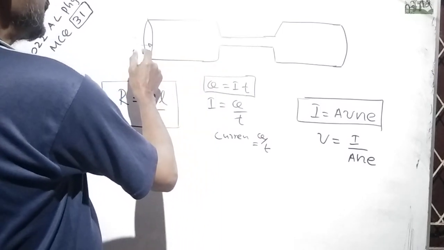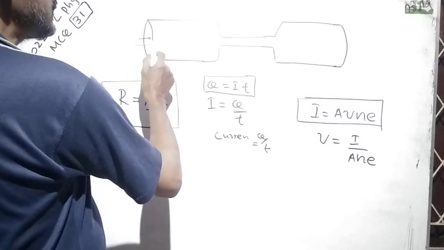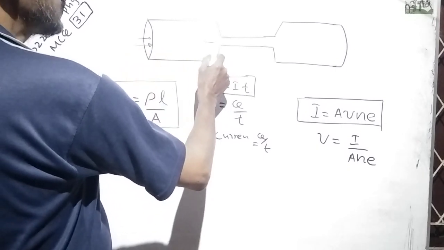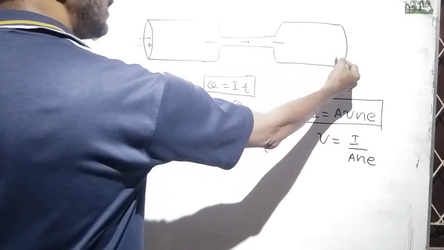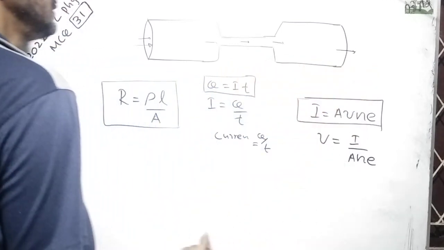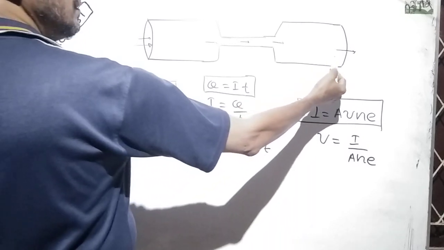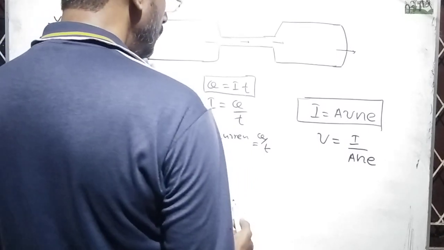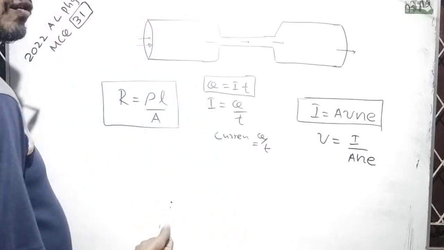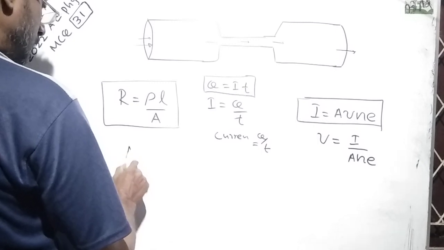Therefore, every charge particle inserted in this place should go through any cross section per second and go out per second. Therefore, current should be equal everywhere, meaning any cross section. A is true.